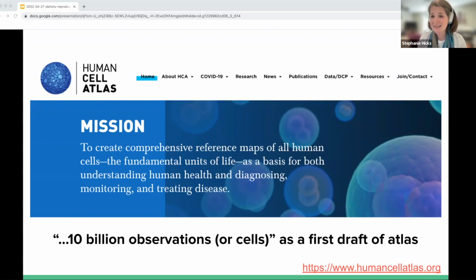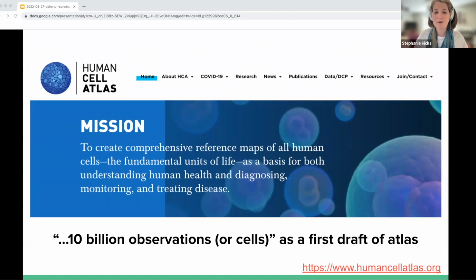That's a lot of data if you begin to think about it. That's a matrix of, say, 20,000 features, such as human protein coding genes, by 10 billion observations. So that's an incredibly lofty goal, and maybe not very realistic given current data set sizes.